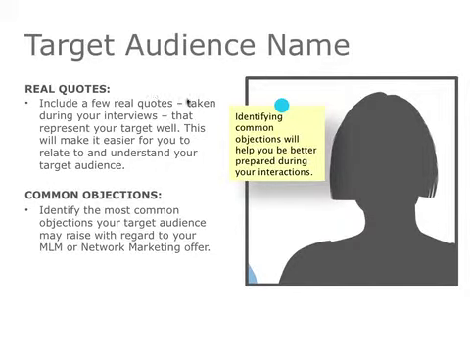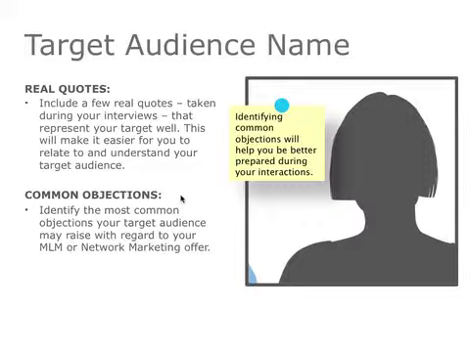So under real quotes, we want to include a few real quotes taken during your interviews that represent your target well. This will make it easier for you to relate to and understand your target audience, okay? If you know the language they're speaking, you know where they're coming from, and so forth. It will help you to identify their problems and really nail down solutions for them.